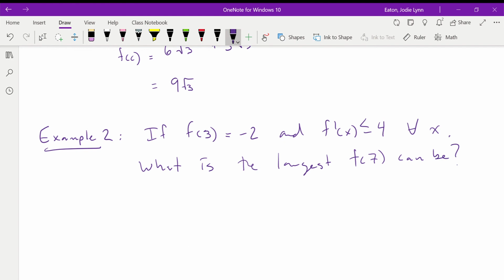Now this is an interesting problem, and why we would be using the mean value theorem is a little kind of curious. Well, let's see.